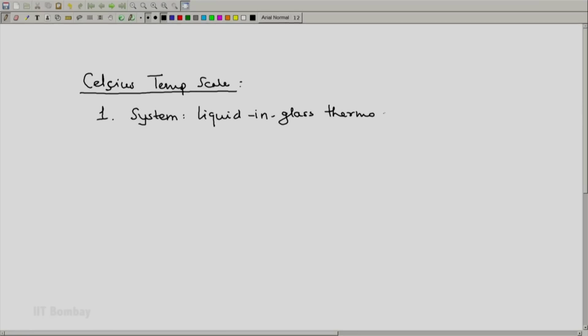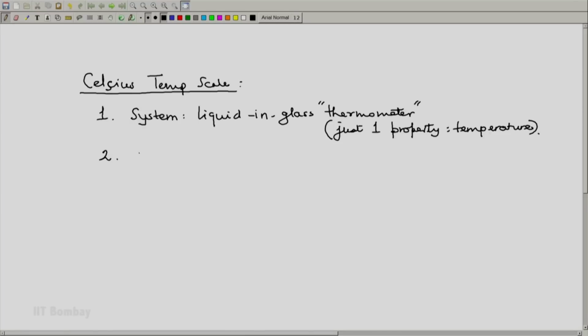This was our thermometer, the measuring system. It was a rudimentary system, but more important for us was that it had just one property which could be used to label isotherms. So that property could easily be mapped to the temperature.